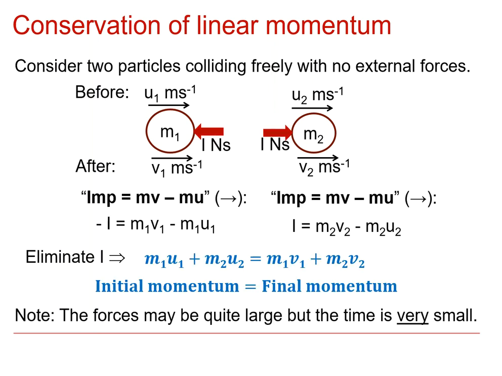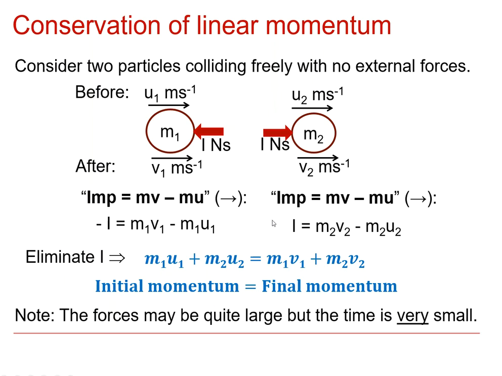Now, if we think about impulse, and this really comes from Newton's third law if you think about it, because the force on one particle due to the other must be the negative of the force on the other particle due to it. So even when you multiply that by time, in this collision the time is the same for both particles, so that means the impulse is going to be equal and opposite. And so what that means is that the change in momentum of particle 1 must be the negative of the change in momentum of particle 2.